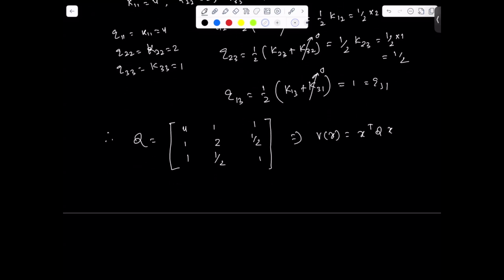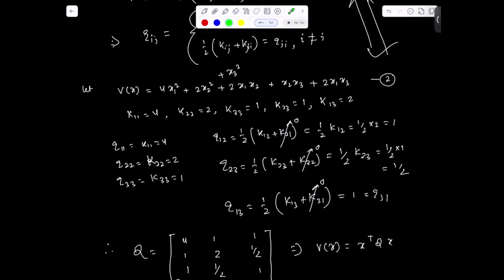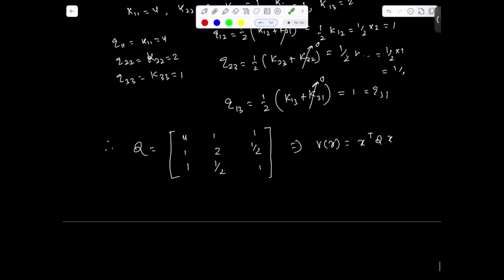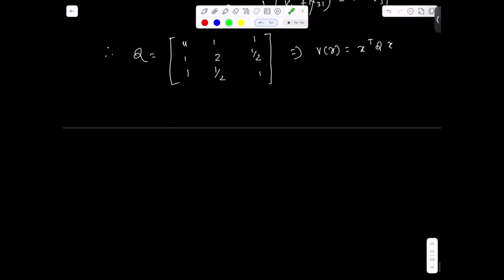If you multiply this matrix with X transpose pre-multiply and X post-multiply, we can get this Lyapunov function. So this is how we can find the Lyapunov function. But the most important part is how to find this positive definite matrix. Now we'll use the Sylvester theorem to find it.